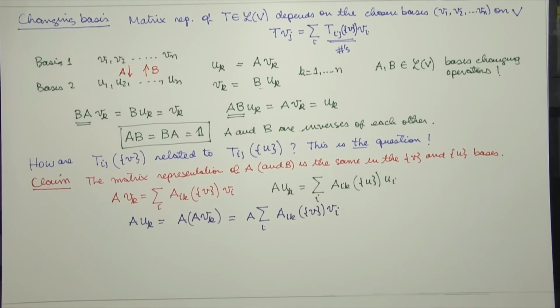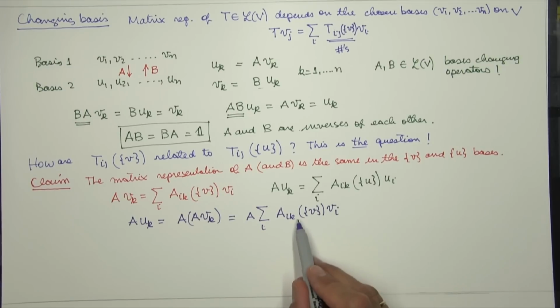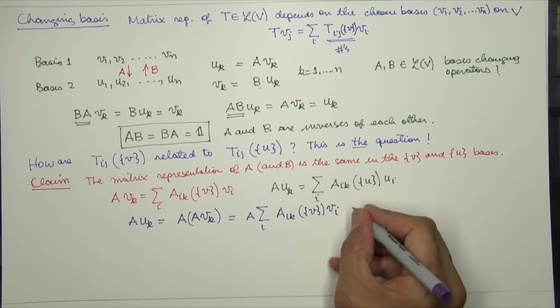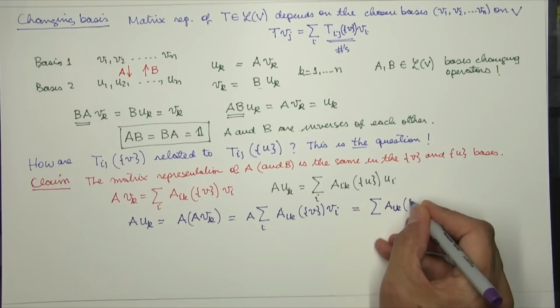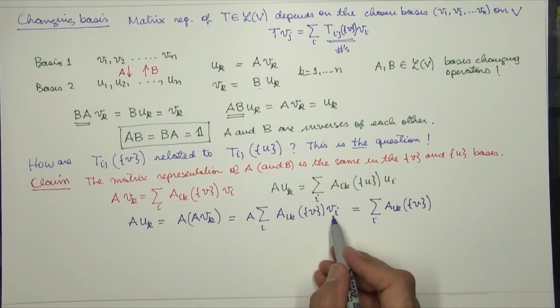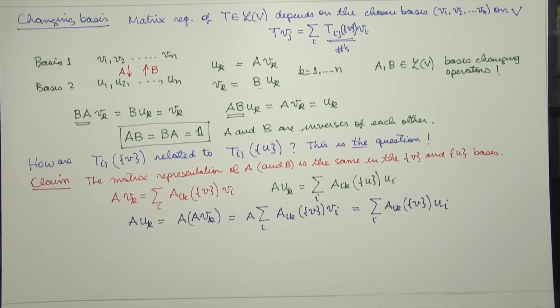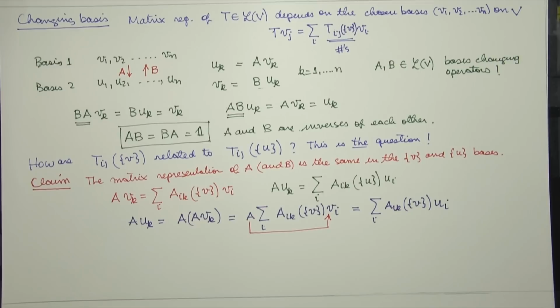Now you have this other operator, A, and it's going to go in. It's acting on a sum of numbers times vectors, so it hits the vectors. So what does it give you? It gives you the sum of numbers A_ik of V, times A times V_i, but A times V_i is U_i. And there we have it. So I'll indicate that by saying that this has gone and acted on that vector and given you a U_i.